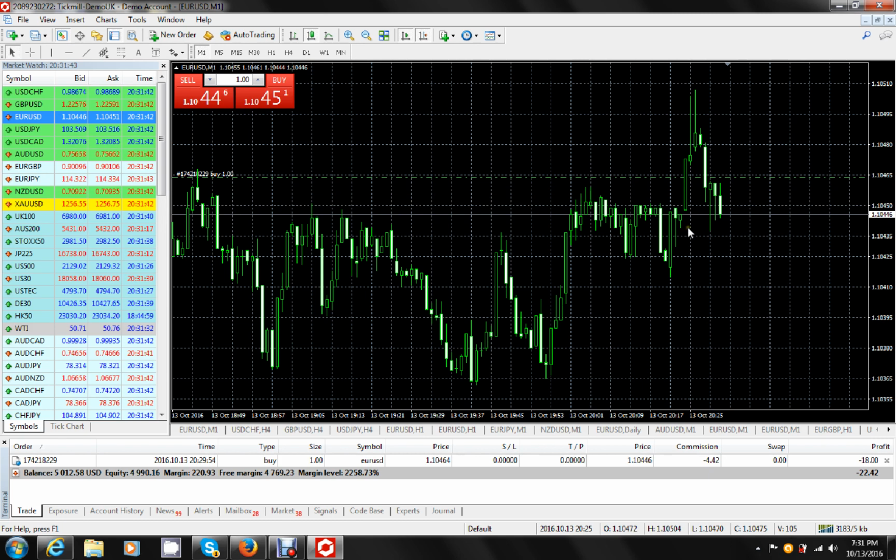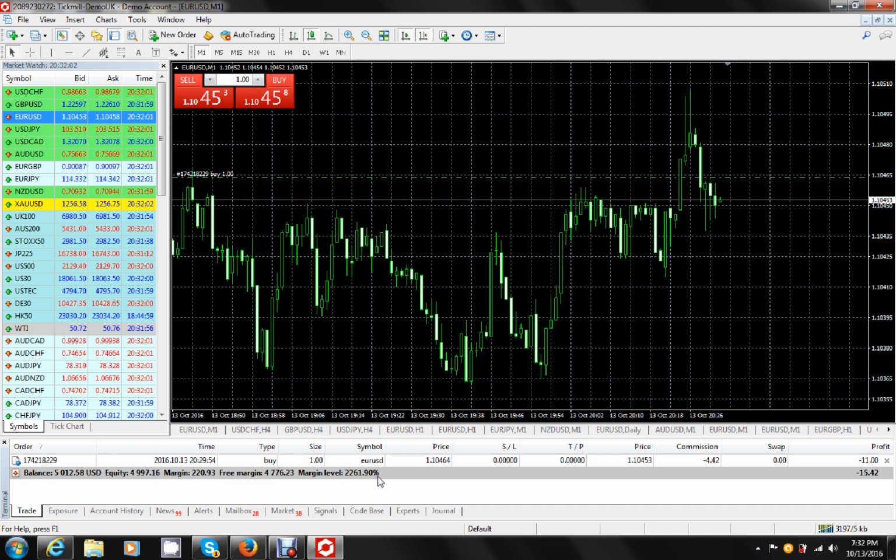That's what these margins talk about. Sometimes you're running in a very big loss, and you will see it get low to 100%. If it goes below 50, your trade will close automatically, because your account cannot handle that kind of loss anymore. So the broker is saving your account from being blown completely. That's how it operates. I'm sure you understand.